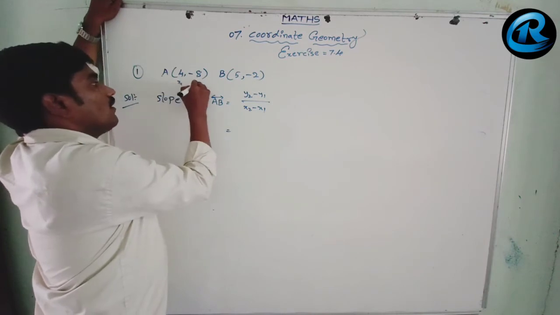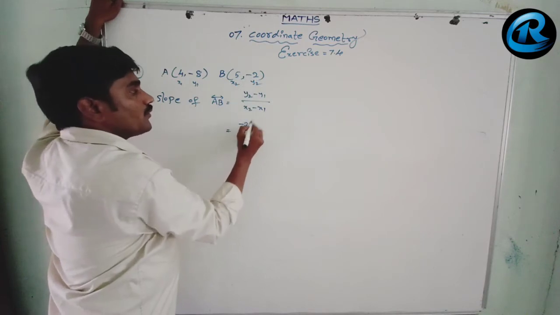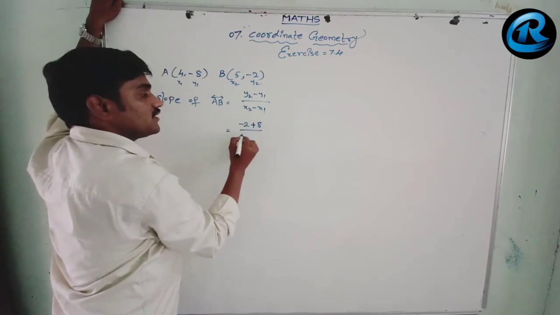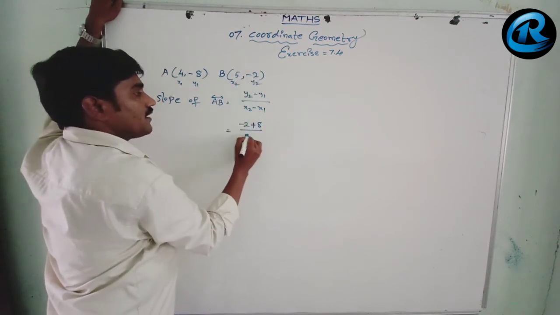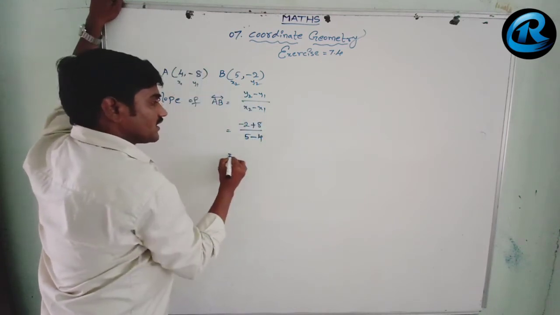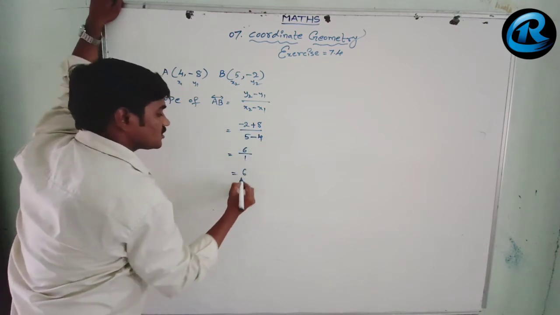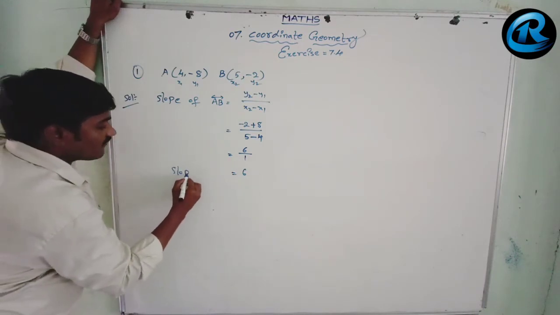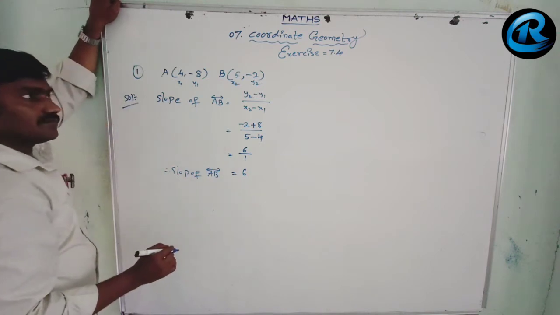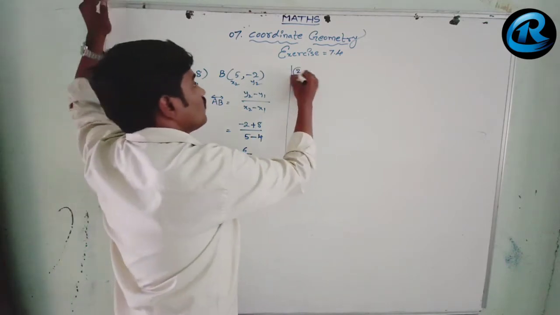It is x1 y1 x2 y2. y2 is minus 2, minus y1 value is minus 8, minus of minus is plus 8, by x2 that is 5 minus x1 that is 4, according to the formula. So 8 minus 2 is 6, 5 minus 4 is 1, so 6 by 1 is 6. The slope of line AB is equal to 6.